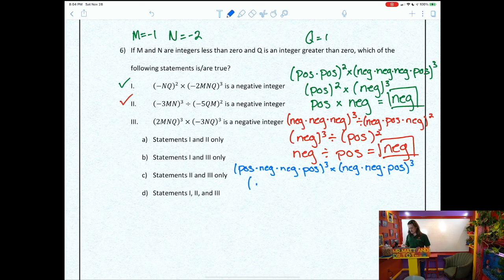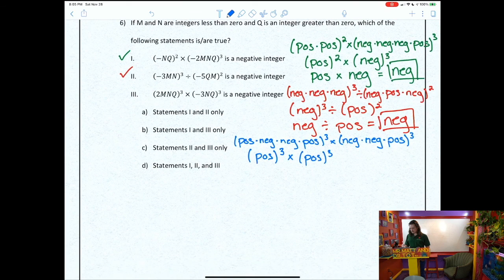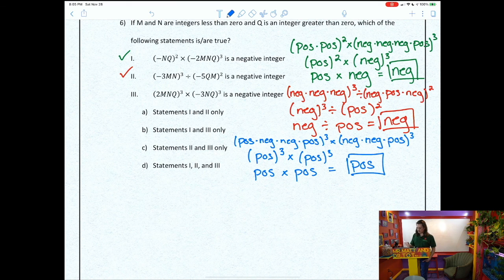So the left-hand side is going to be a positive cubed. Times, on the right, we have a negative times a negative. That will be positive. That positive times a positive will remain positive. So that's going to be a positive cubed. A positive cubed is positive. A positive times a positive will be a positive answer. So statement 3 is false. So our answer here is going to be A, statements 1 and 2 only.